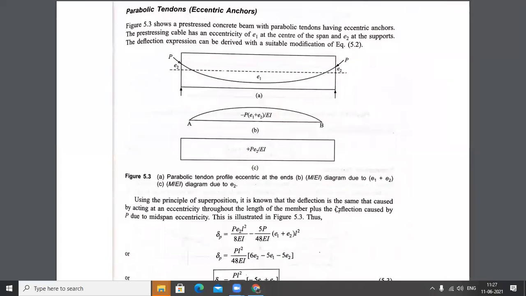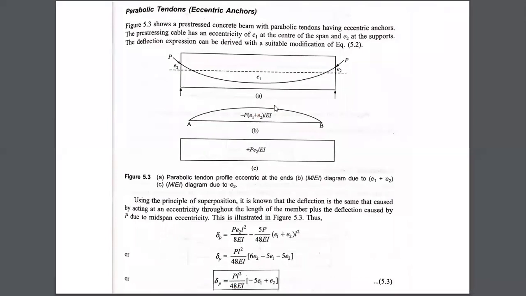So this is the bending moment diagram, and as per the bending moment diagram you can easily calculate the deflection value. So delta P is equal to P E2 L square divided by 8 EI minus 5 P divided by 48 EI into (E1 plus E2) L square.